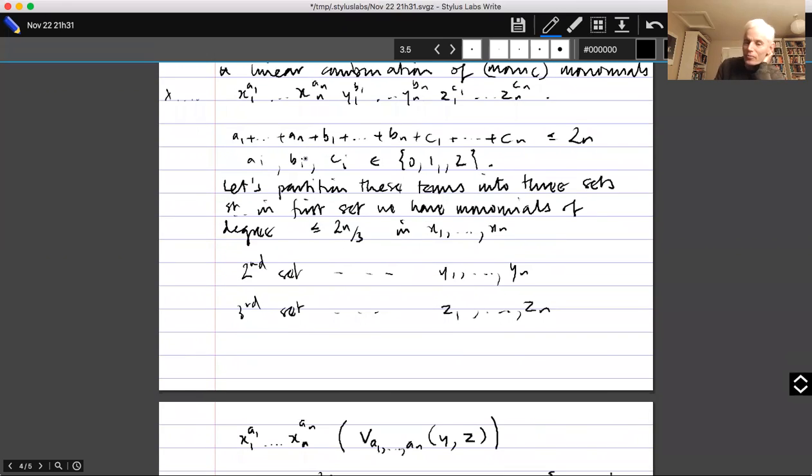And that gives me some function v of a1 up to an of yz. And that in total gives me a function of x times a function of yz.